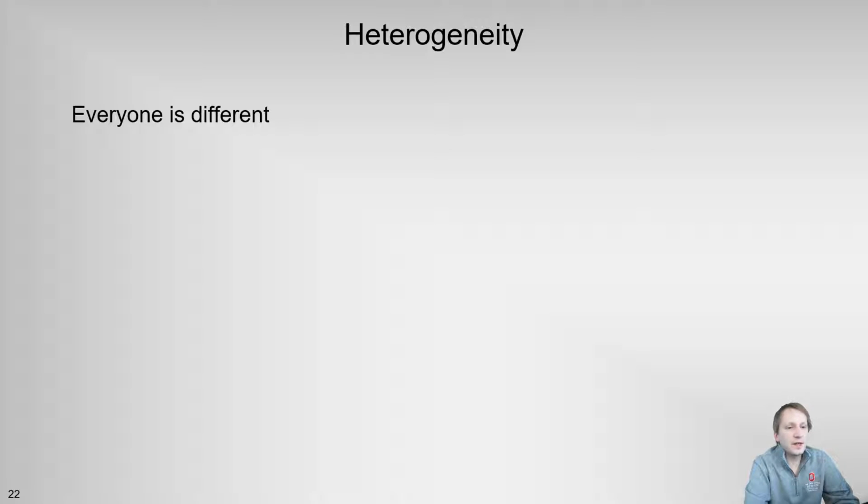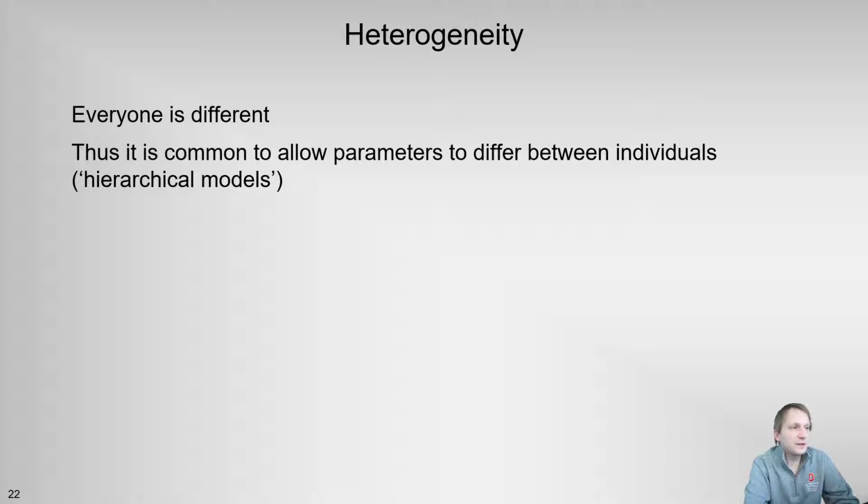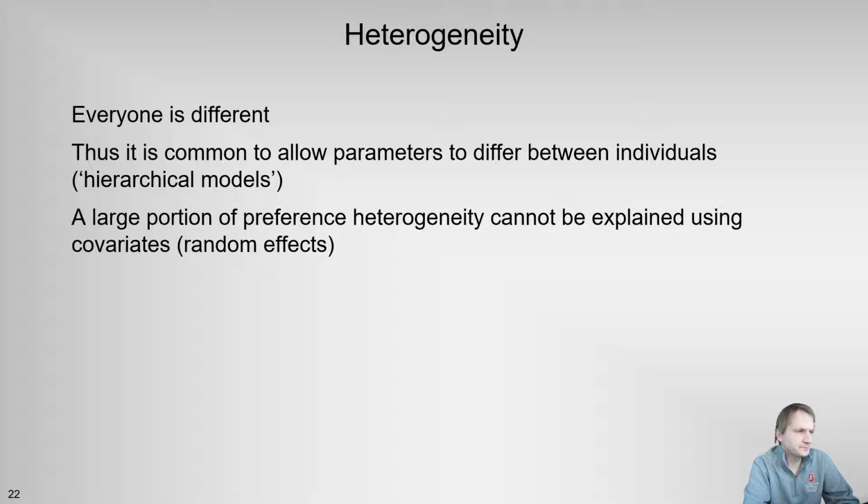And then, of course, everybody's different and has different preferences, and so that's where we typically apply hierarchical models. So we allow everybody to have their own set of preference parameters, but we assume that these preferences are coming from a common distribution that describes how everybody is a little bit different. And so that's a good balance between allowing heterogeneity and still keeping things together.